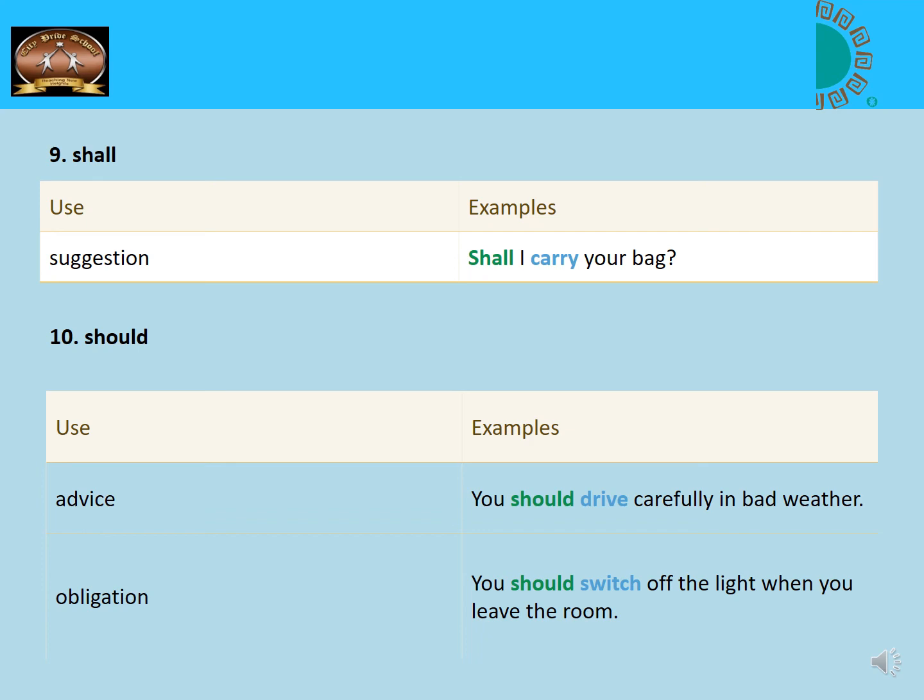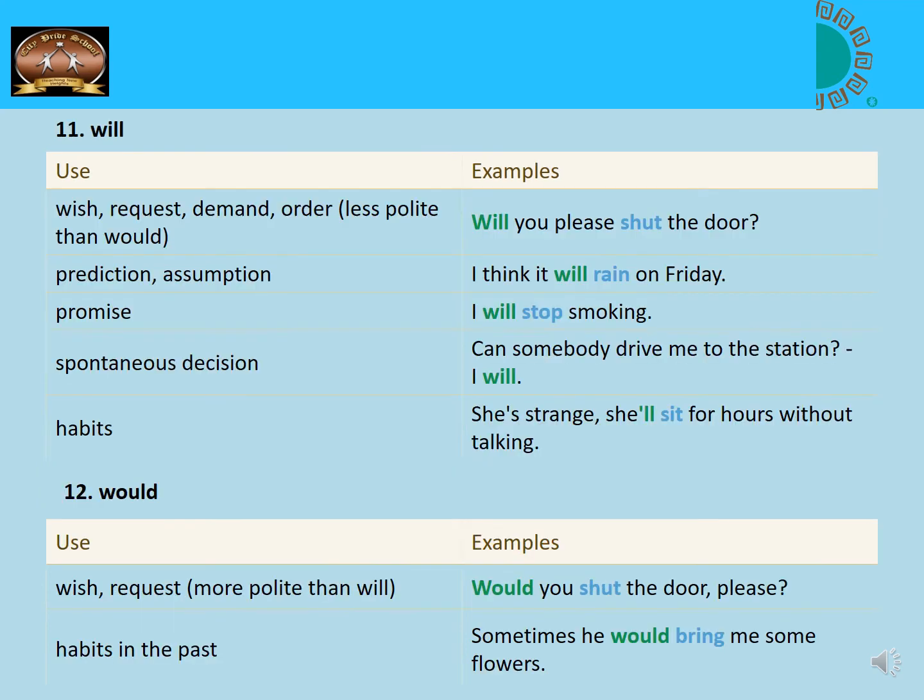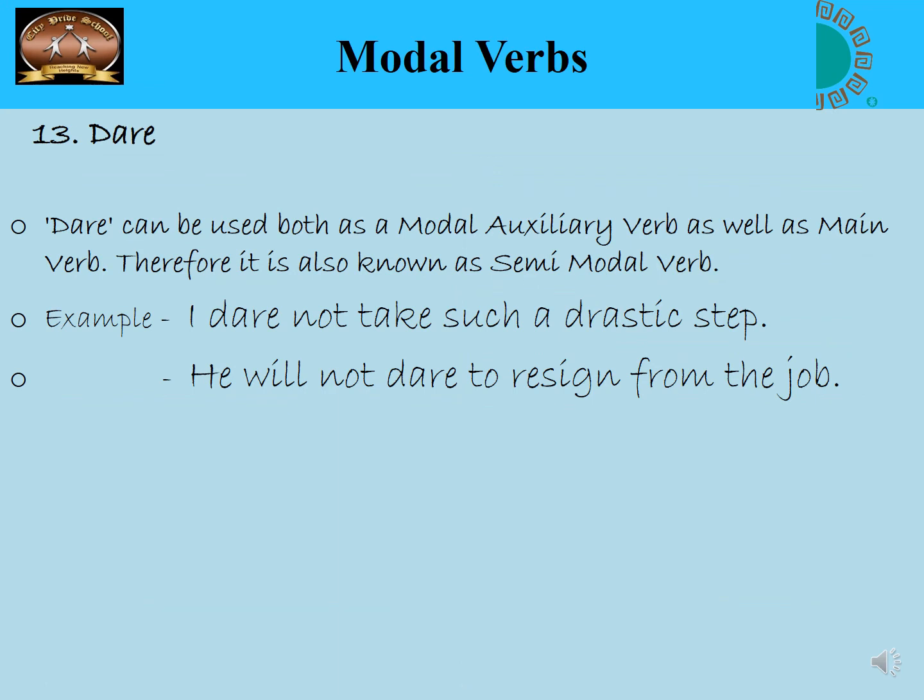You should switch off the light when you leave the room. Dare can be used both as a modal auxiliary verb as well as main verb. Therefore, it is known as semi-modal verb. I dare not take such a drastic step. He will not dare to resign from the job.